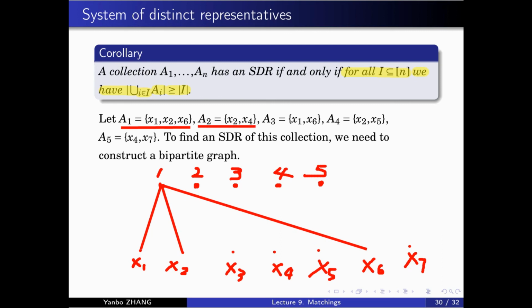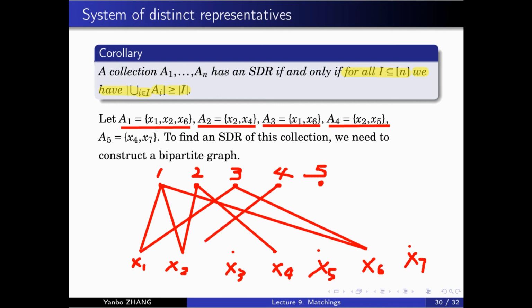A2 has 2 elements, x2 and x4. So we join the element 2 to x2 and x4. A3 has 2 elements, x1 and x6. So we join 3 to x1 and x6. A4 has 2 elements, x2, x5.